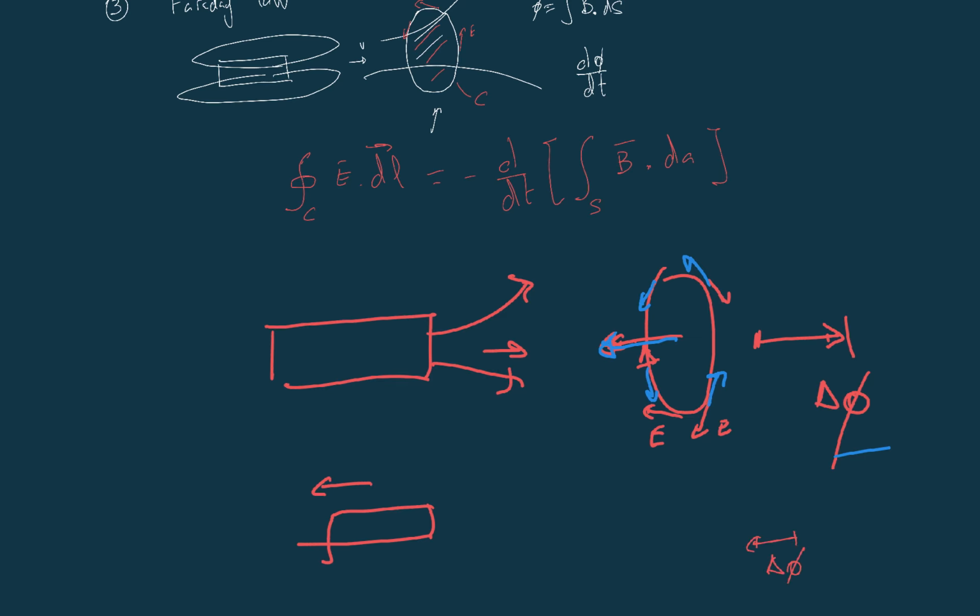So you need to induce an electrical field that will produce a magnetic field, because here the electrical field produces a current, and the current produces a magnetic field, so that it will be opposed to the change. So the E will go in this direction. Not an easy law.